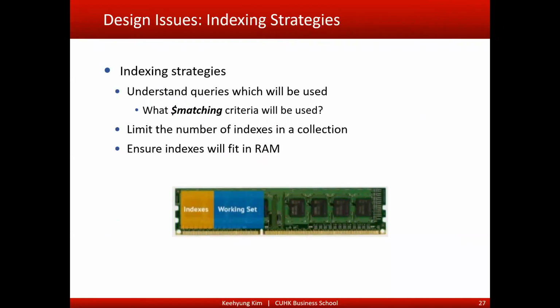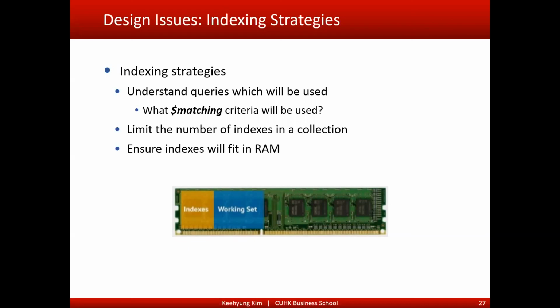So basically, to make an appropriate index, you have to understand what kind of queries will be performed in your application. You have to think about what kind of query will be performed a lot in your application, and what kind of operation your users will request a lot. Based on that, you have to create indexes.